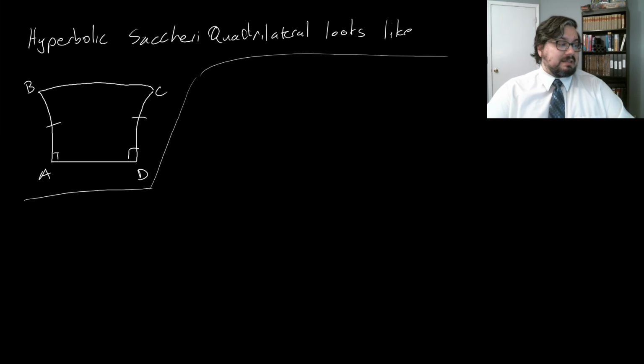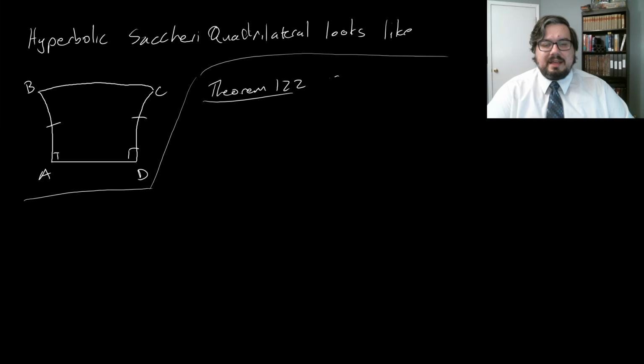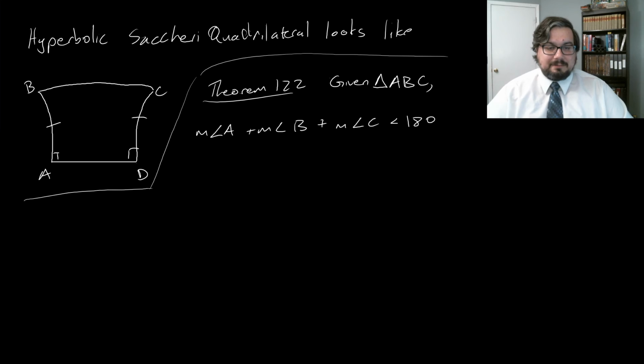It's always strictly less. That's Theorem 122, which says that given triangle ABC, the measure of angle A plus the measure of angle B plus the measure of angle C is always strictly less than 180.